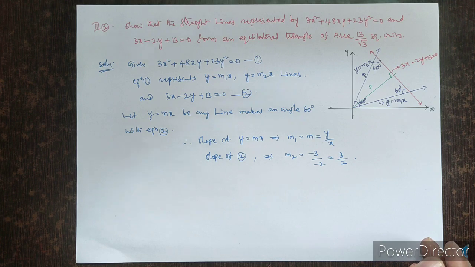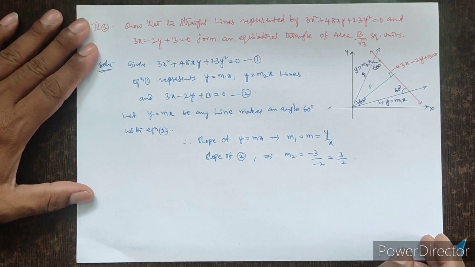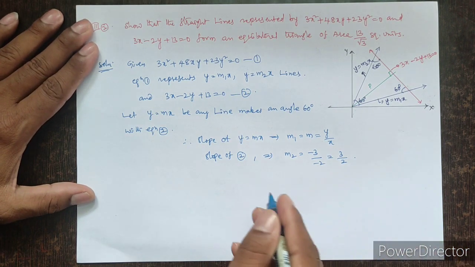So m1 is the slope of y equal to mx, and m2 is the slope of the given line 2.